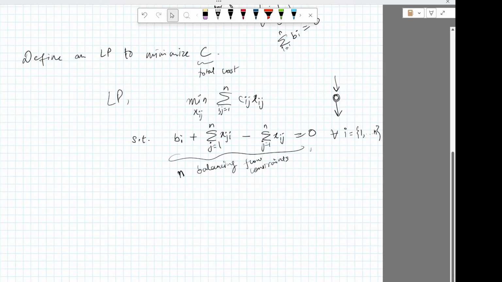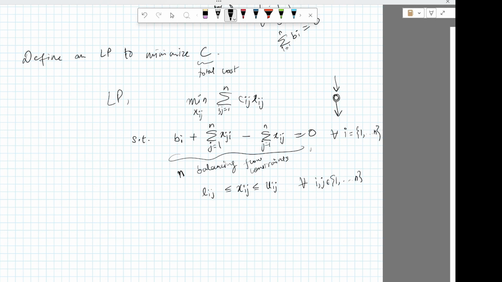But we also have some more constraints, which are inequality constraints, the lower bound and upper bound. So uij is greater than or equal to xij, which is greater than or equal to lij. This is for all i, j in 1 to n.